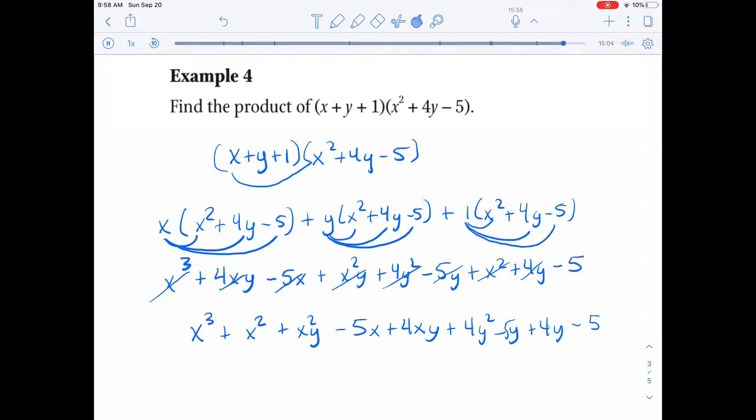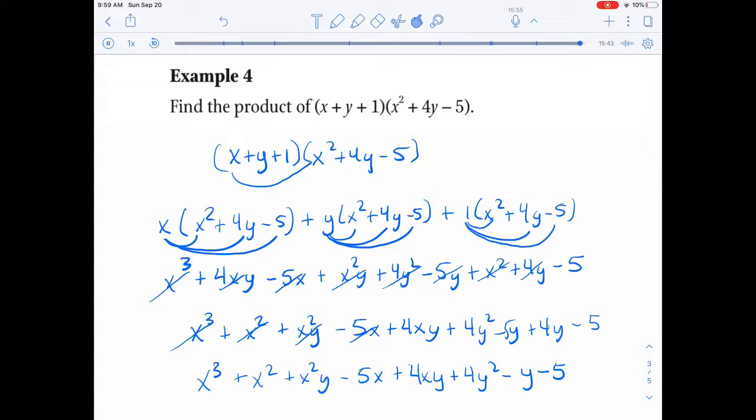Okay, now let's go ahead and combine any like terms. So we would have x cubed, takes care of that term, plus x squared, takes care of that term, plus x squared y, takes care of that term, minus 5x, plus 4xy, plus 4y squared, and then let's combine the terms of a negative 5y plus 4y to give us a negative y, and minus 5.